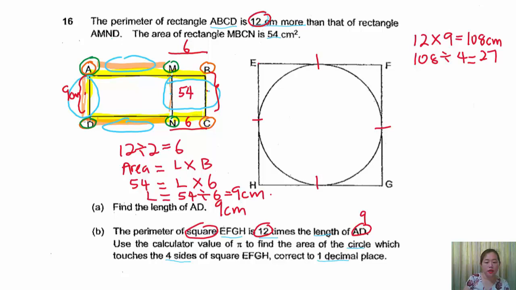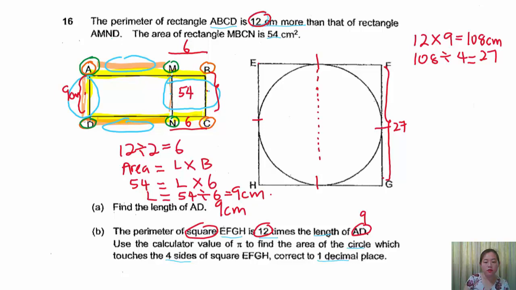In order to find the area of the circle, we can see that since this is actually 27, we can tell that this is also the diameter of the circle.